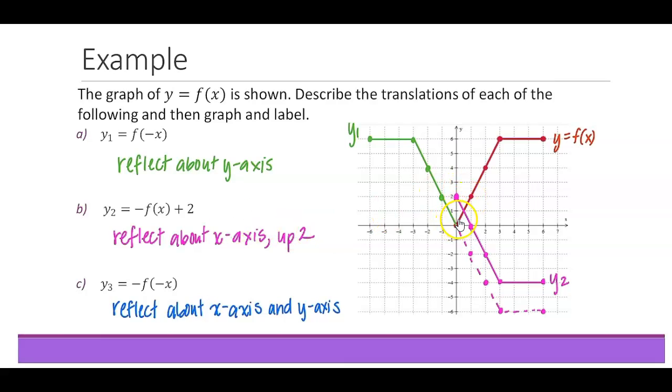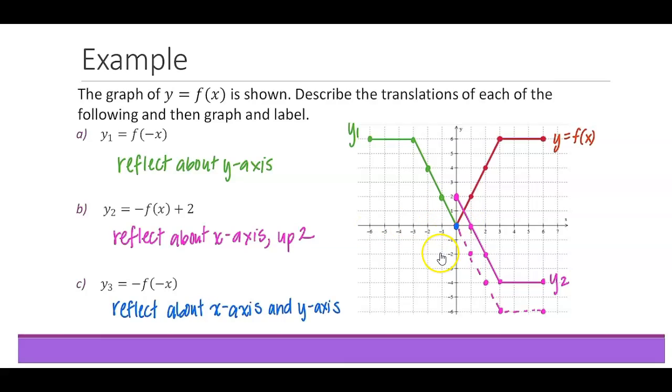Now, we've already performed the reflection about the y-axis in part A. So we took our quadrant 1 graph and we flipped it over the y-axis, and that got me to quadrant 2. And so now if we want to perform both at one time, I'm just going to go ahead and think about reflecting my y1 graph down into quadrant 3. So I'm going to go ahead and keep 0, 0 because that stays the same every time.